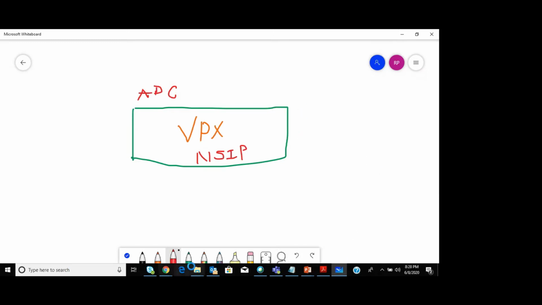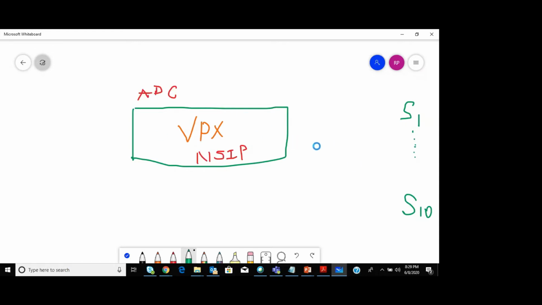Suppose you want to do load balancing. Load balancing means suppose you have a lot of servers, from S1 to S10, and you want to do the load balancing using the capabilities of the Netscaler VPX box.